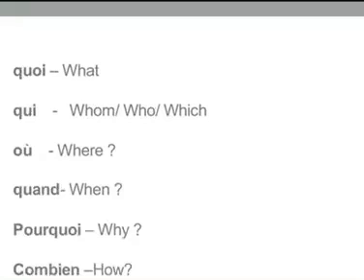Quoi, qui, où, quand, pourquoi, comment. So, all these terms are used to form questions. And you must have noticed that it is not specified whether they are used for masculine or feminine, or plural, which means that these terms can be used for both masculine and feminine.